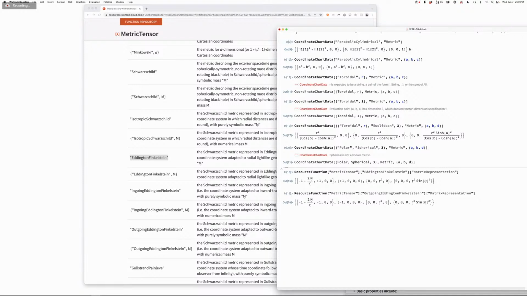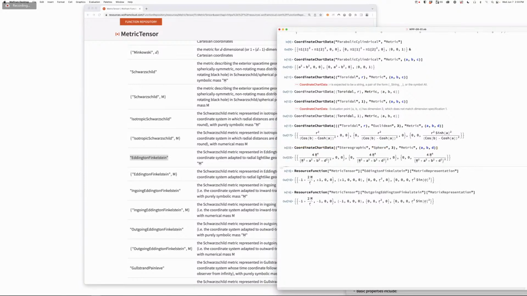Hmm. I'm confused. Okay, but for example, we have stereographic for the sphere as well. Change to a sphere, even though the autocompleter says spherical, which we need to look at.